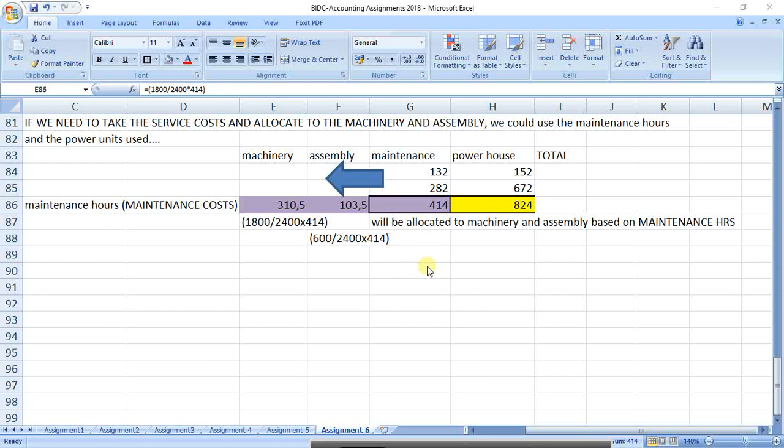So it's basically like allocating. Let me show you a simple example. Let's say you've got 100 Rand and you've got two friends, friend 1 and friend 2. Friend 1 is 7 years old and friend 2 is 10.